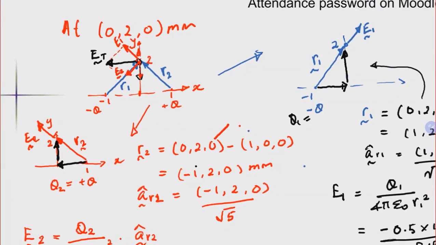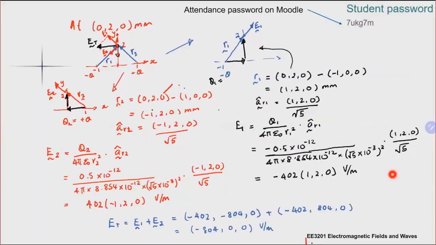And that is also the case in our calculation. We show that the y component, we got one going in the negative y direction of 804 and one in the positive y direction, also 804. Therefore, these two fields cancel out.